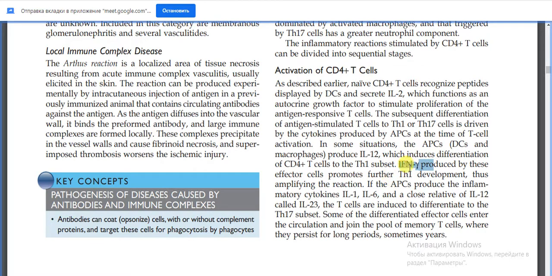But don't forget that another activity of interferon gamma is activation of macrophages, so just keep it in mind. If the APCs produce the inflammatory cytokines interleukin-1, interleukin-6, and a close relative of interleukin-12 called interleukin-23, T cells are induced to differentiate to the Th17 subset. So you see, some cytokines cause the differentiation of CD4 positive T cells into Th1 or Th17, and the reaction depends on it.